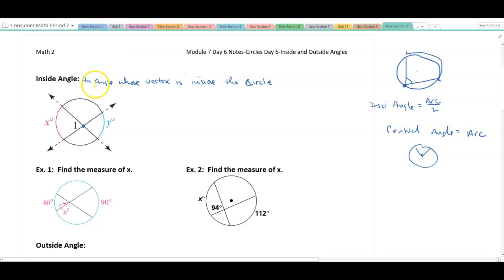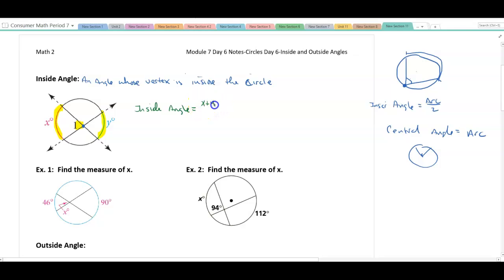This inside angle intercepts two arcs. What we say is the inside angle is equal to the sum of the two arcs it eats.